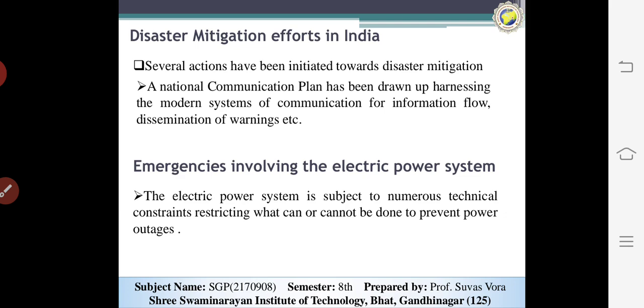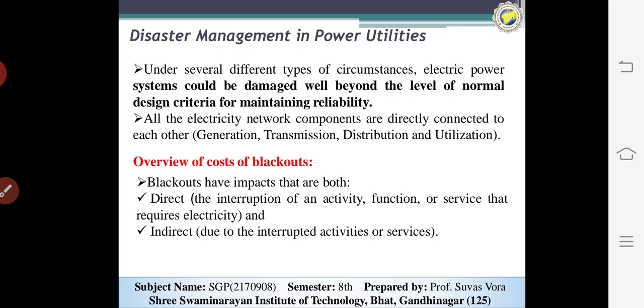Next is disaster management in power utilization. Under several different circumstances, the electrical power system could be damaged well beyond the level of the normal design criteria for maintaining reliability.